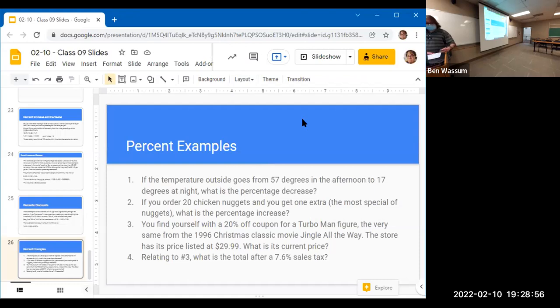I'm gonna write down a few of these while I go. My second one, if you order 20 chicken nuggets and you get one extra, the most special of nuggets, what is the percentage increase?